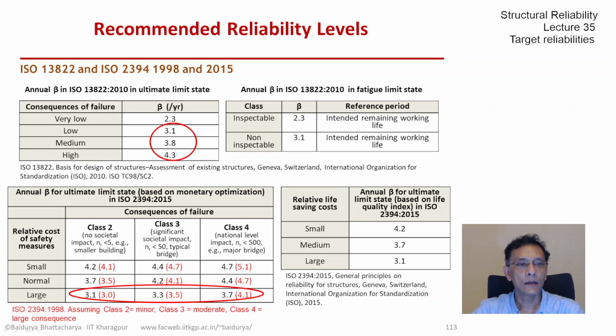If we look at the large relative cost of safety measure in the 3 consequence classes, and presumably if low, medium, and high consequence corresponds to classes 2, 3, and 4, then we should be able to compare the large relative cost of safety measure with the ultimate limit state of existing structures. We see that in the low case, the 2 numbers match exactly, 3.1 with 3.1.